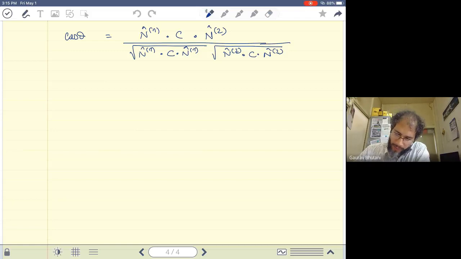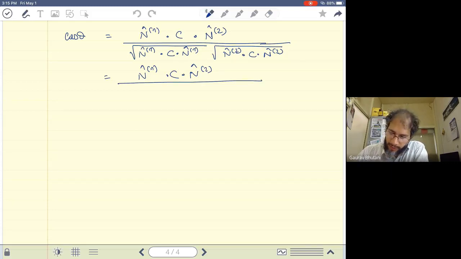And again, we can see that the denominator here is simply, so you remember that NCN was lambda squared.